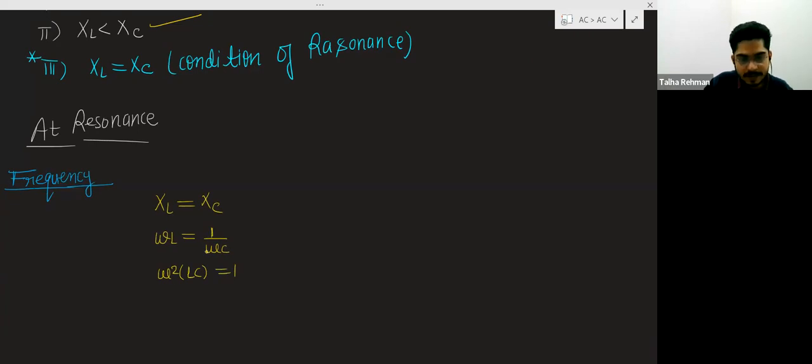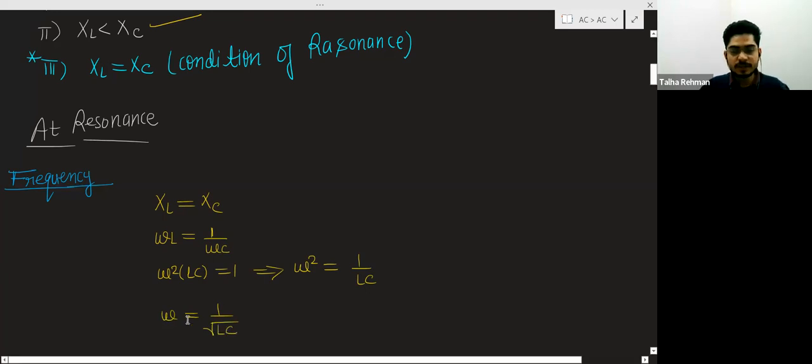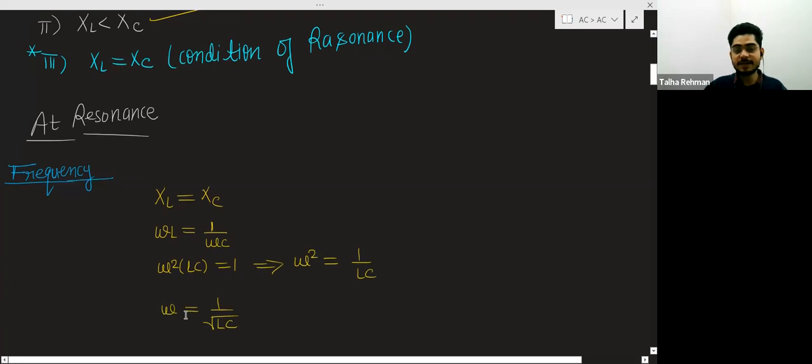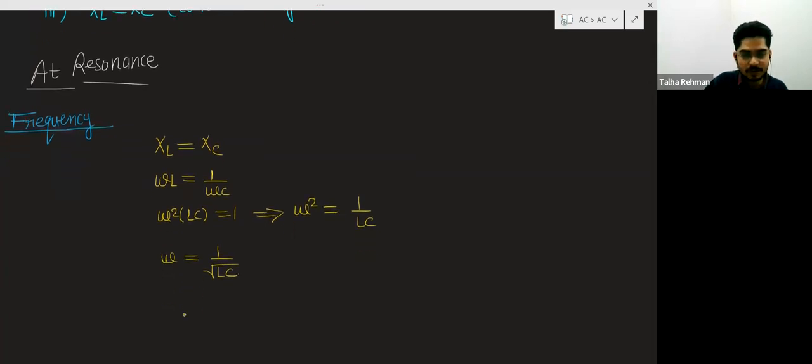So I can write omega square is equal to 1 by LC. From here you will get omega is equal to 1 divided by under root of LC. This is your angular frequency at resonance, and I will represent it with omega naught.